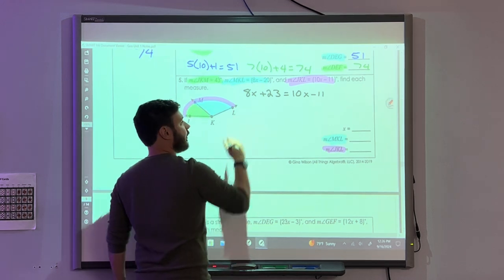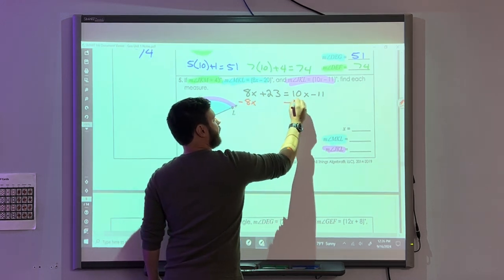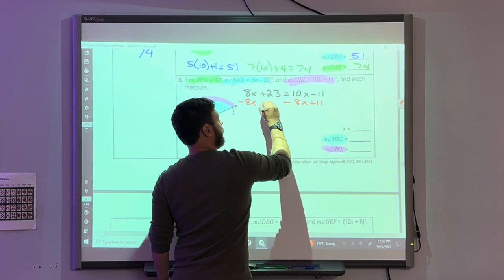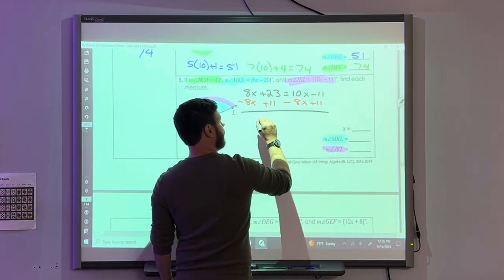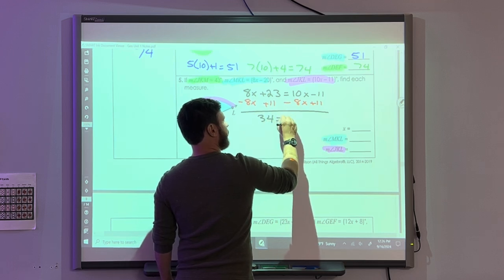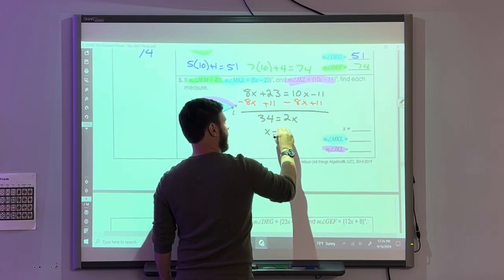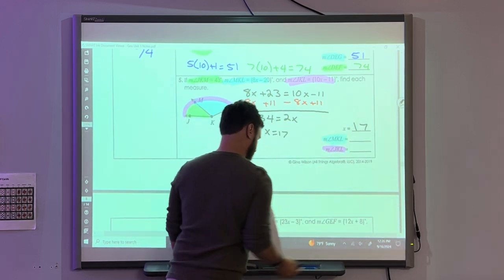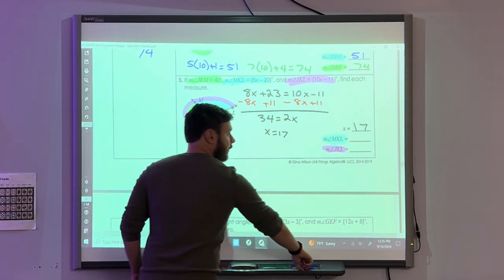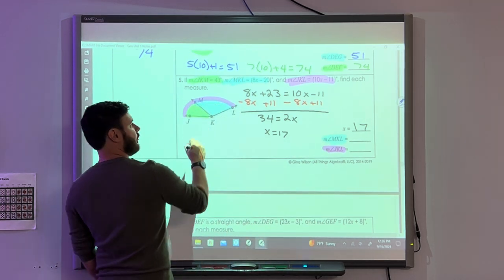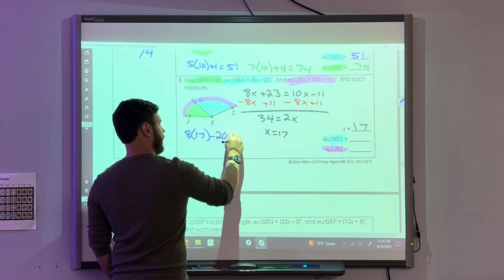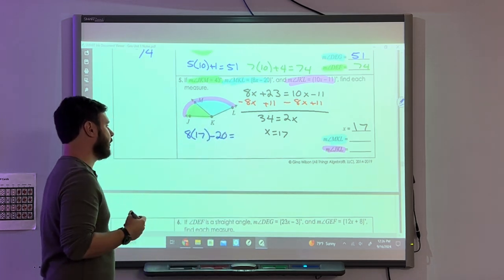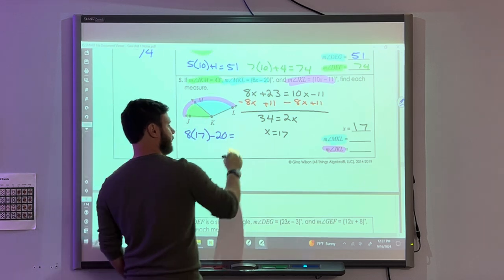Remove the smaller variable. Give something back. 34 equals 2x, x equals 17. I got it right that time, good for me. Okay, I plug it into the blue now. 8 times 17 minus 20. That's going to be 136, 116.